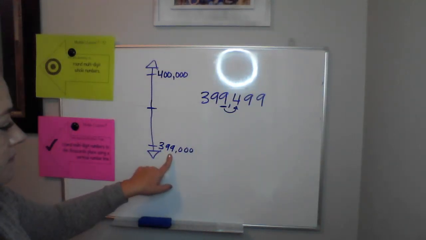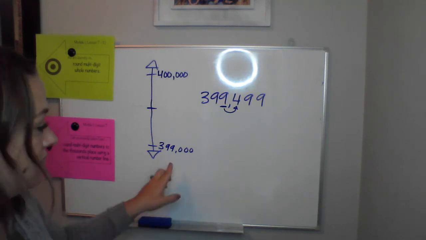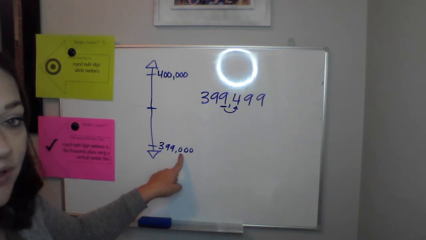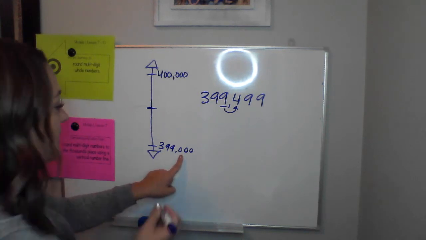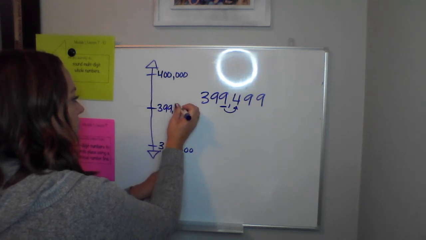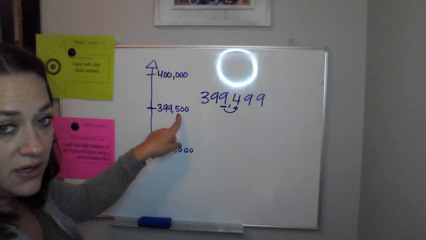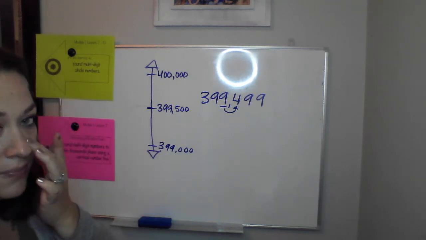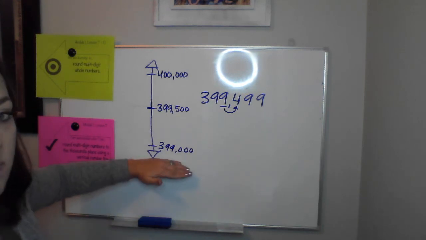Okay. Midpoint. I'm still working with my hundreds place to the right. So I would add 500, a 5 to my hundreds place. 399,500. Okay. 399,000, that's my low point.